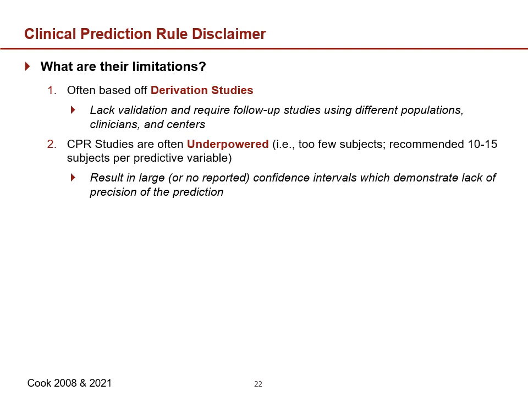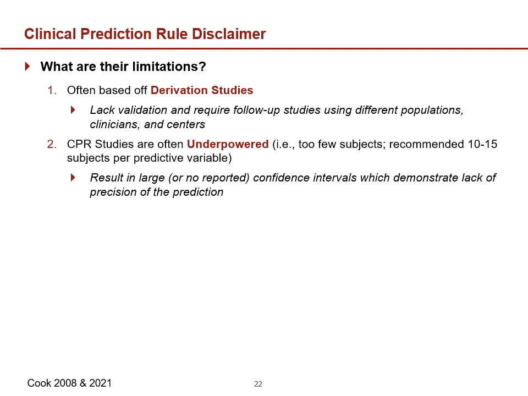At times, it's even recommended that you have over 100 patients for these derivation or CPR generation studies. As a result, if it's underpowered, it usually results in large confidence intervals. And at times, the CPR studies don't actually report the confidence intervals.